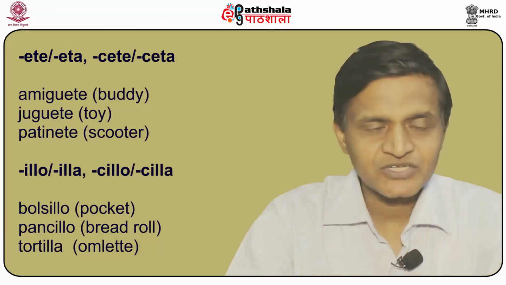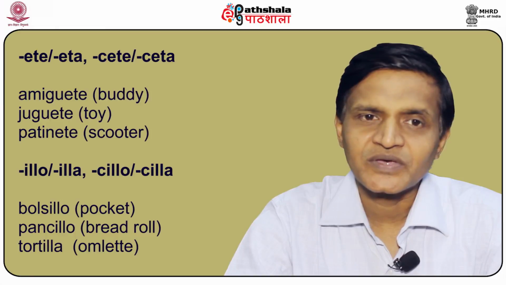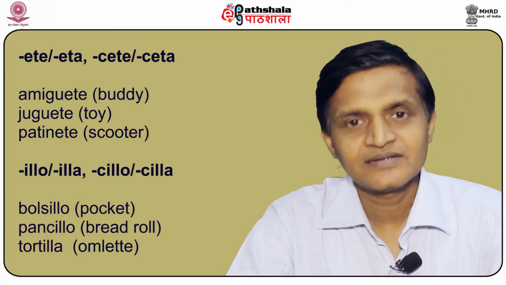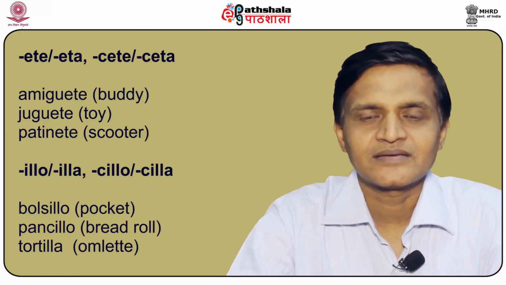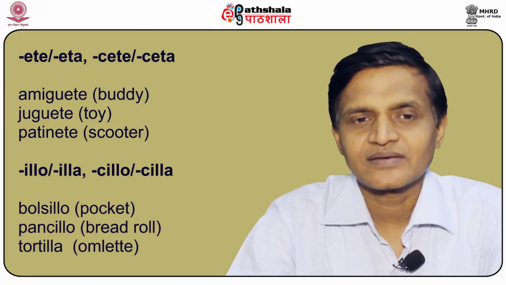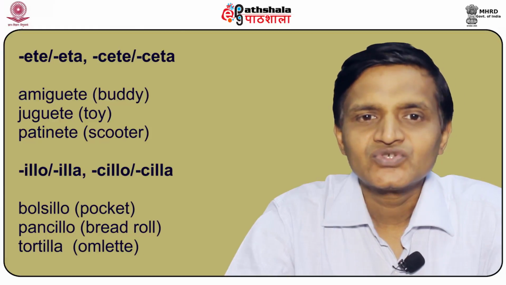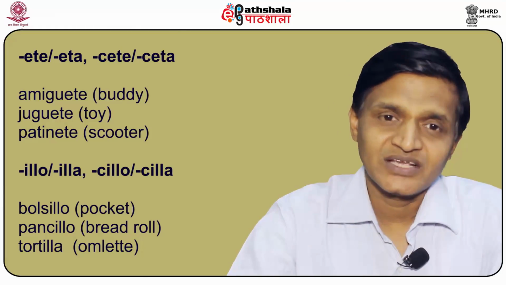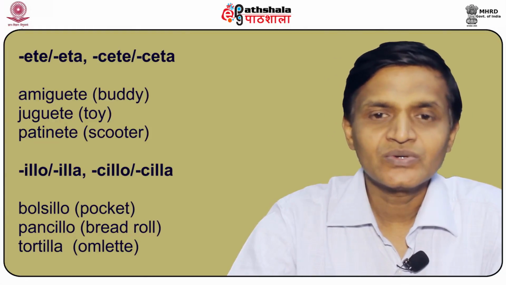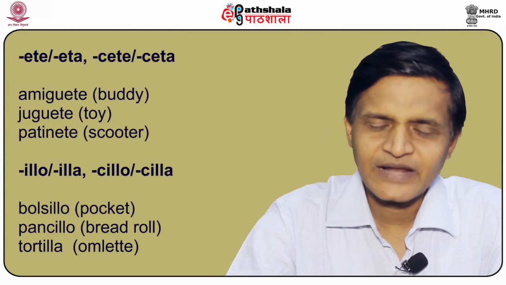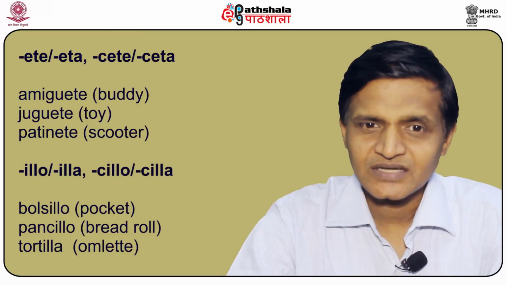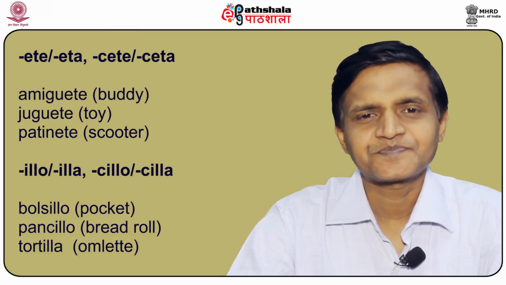Some of the other common diminutives are the following: ete or eta, sete or seta, amiguete, buddy, juguete, toy, patinete, scooter, or illo, illa, cillo, cilla, bolsillo, pocket, pancillo, bread roll, tortilla, a small little omelette.